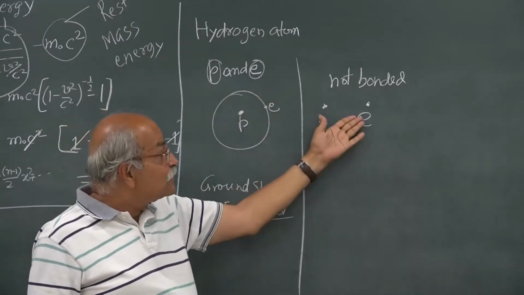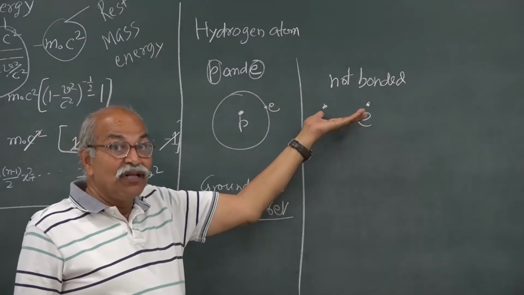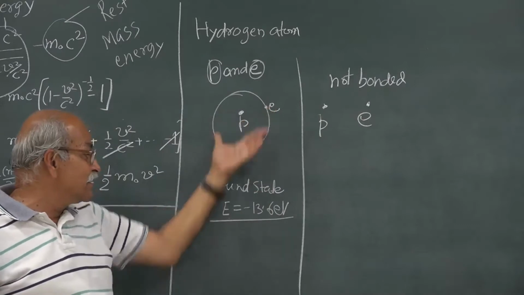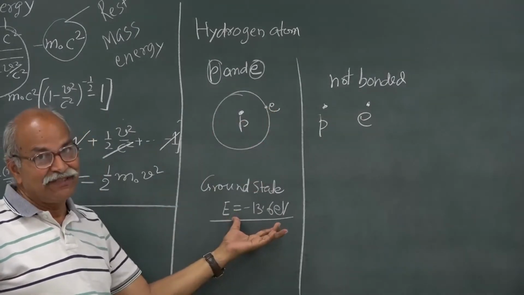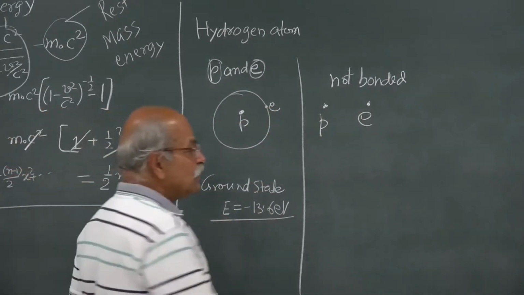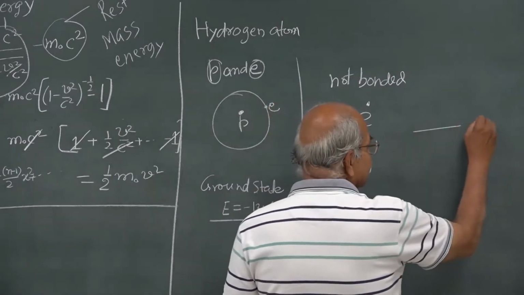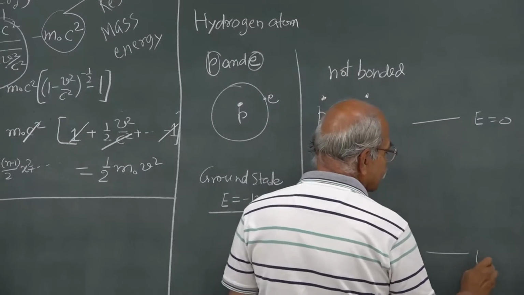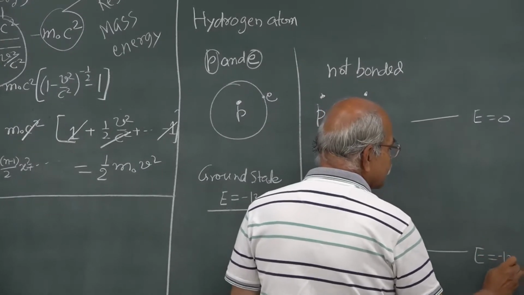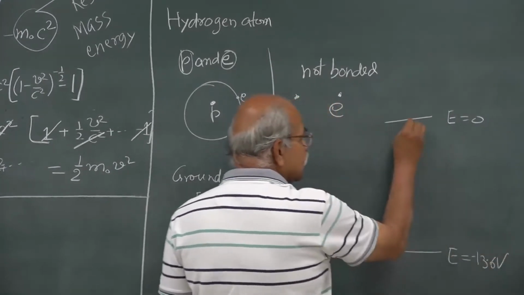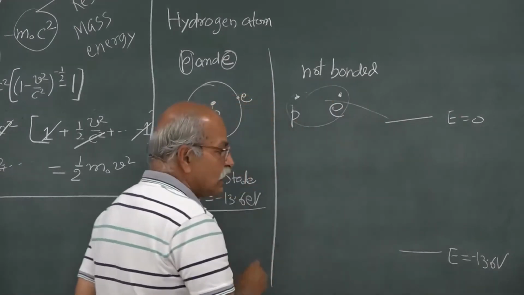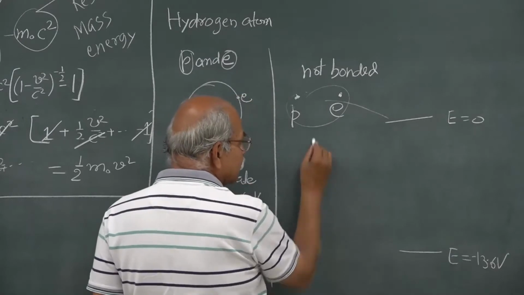Now, compared to this energy, if you call this energy as 0, then this energy is minus 13.6 eV. So, when we draw our diagrams, this is energy equal to 0 and then we say that the energy is minus 13.6 eV. This is when the proton and electron are separated, and this is when they are bonded.